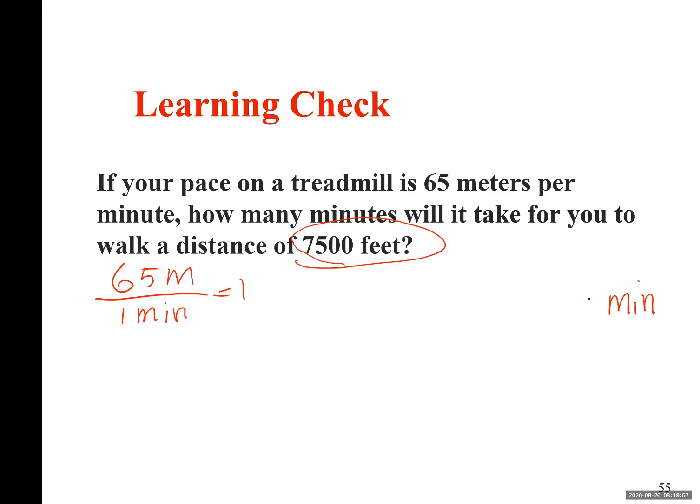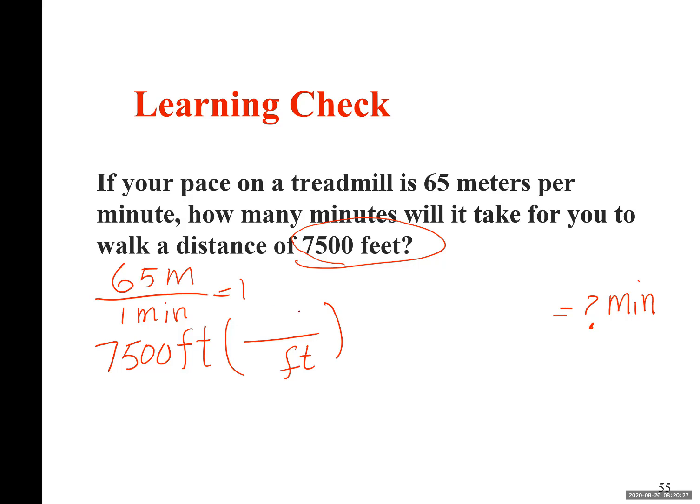How many minutes is the question. What are we given? You want to walk 7,500 feet. That means I have to come up with conversion factors to cancel feet and go to meters.